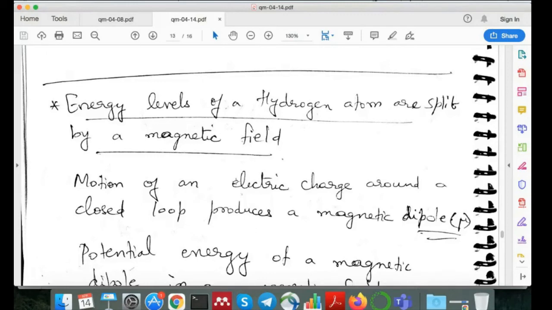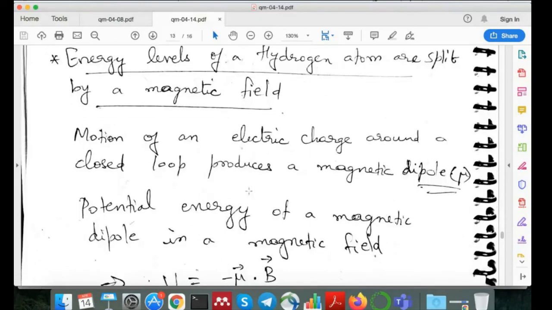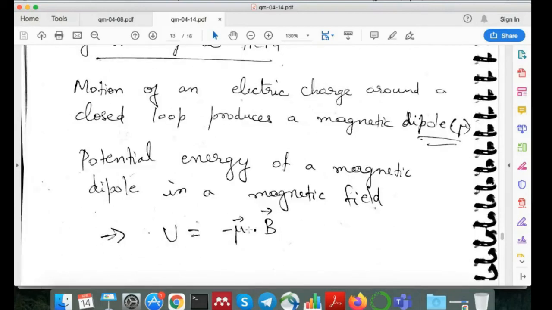Motion of an electric charge around a closed loop will produce a magnetic dipole mu. The potential energy of that magnetic dipole in a magnetic field will be given as minus mu dot B, where B is your magnetic field and mu is your magnetic dipole. So the potential energy is U equal to minus mu dot B.